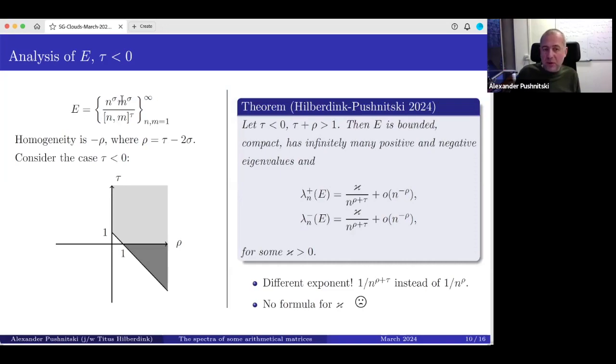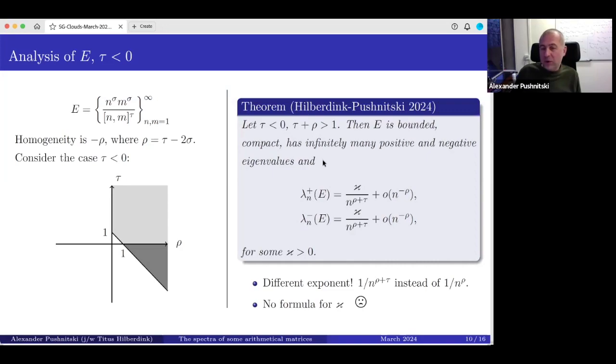By the way, you can see it already by looking at the top left 2 by 2 submatrix. Already this one will not be positive definite. So here's the second result. Let tau be negative and tau plus rho greater than 1. That precisely describes this triangle. Then the matrix is bounded, compact, and it has infinitely many positive and infinitely many negative eigenvalues.